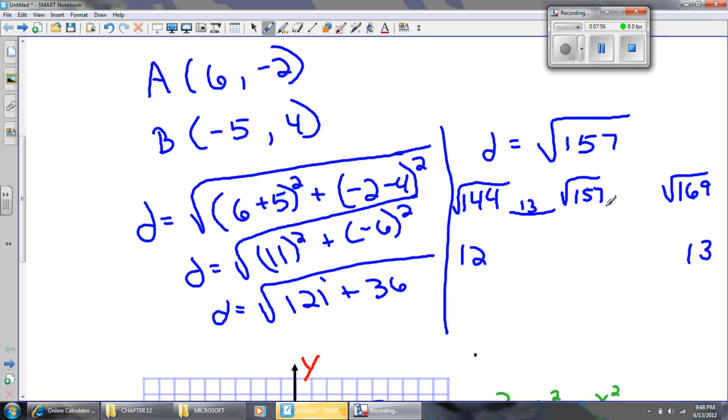And 157 to 169 is 12 spaces. So this is pretty close to being smack in the middle. It's just a hair under. I could guesstimate that the distance is about 12.45 or 12.48 or something like that.